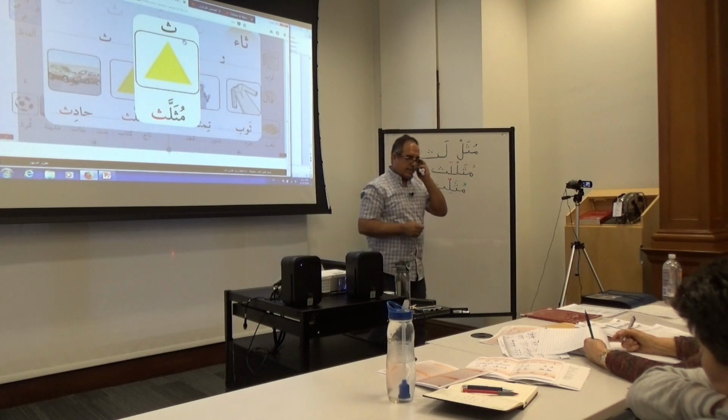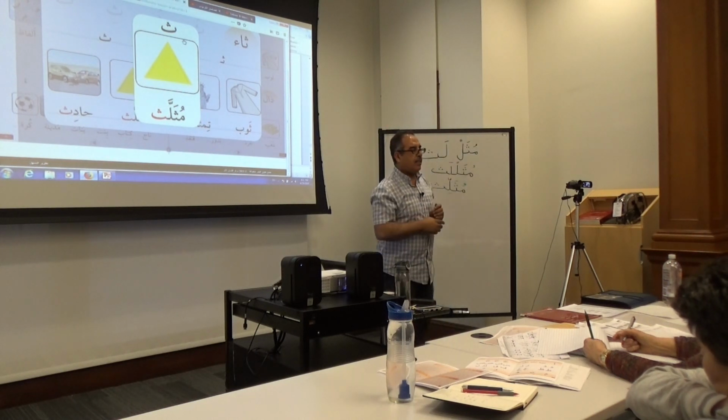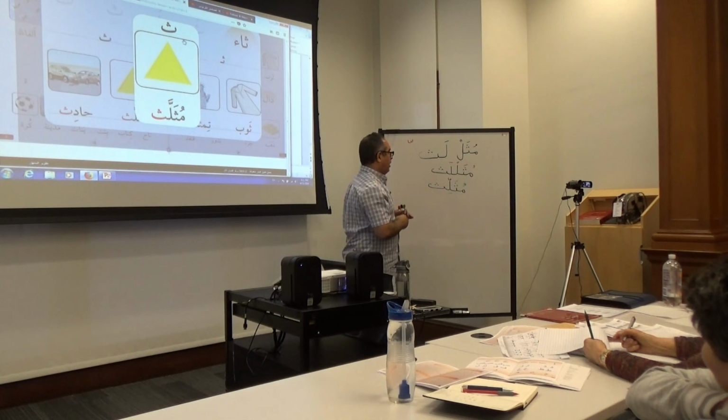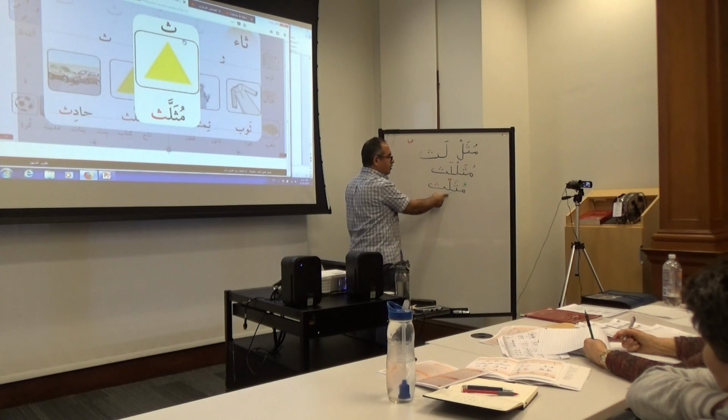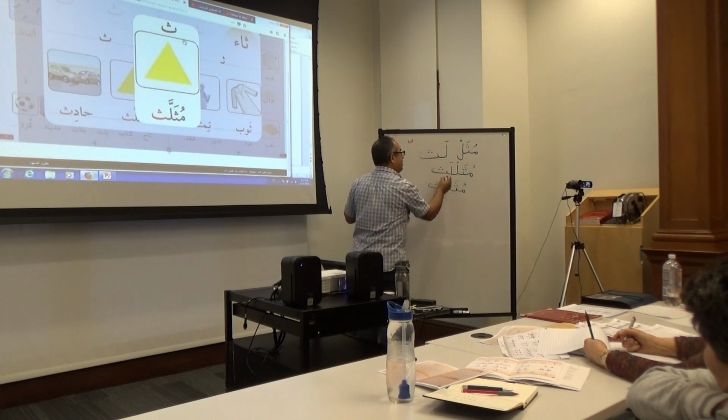Kasra, as I said, always underneath the letter, except in some cases it can be both, like here the same مثلث. You can put the kasra here, which is still correct. Some people, when they do the shadda over here, they put the kasra actually underneath this.